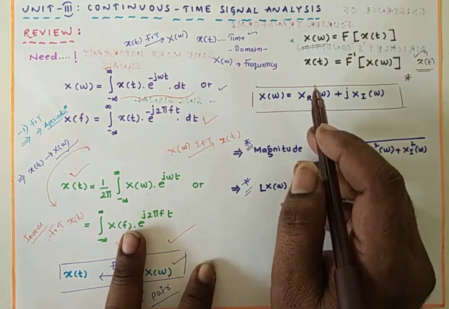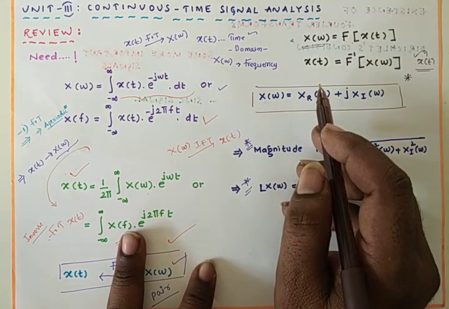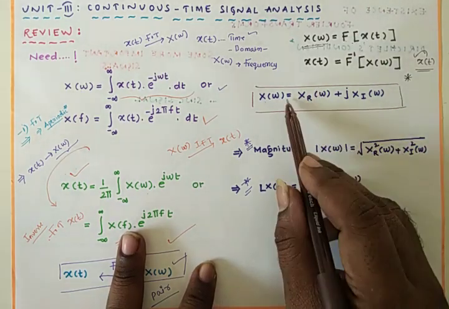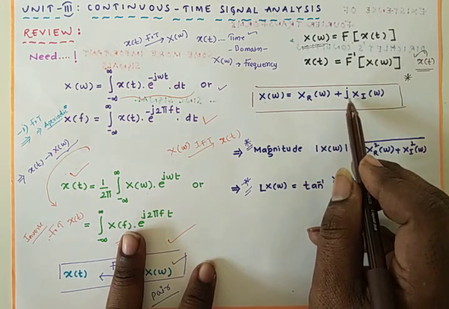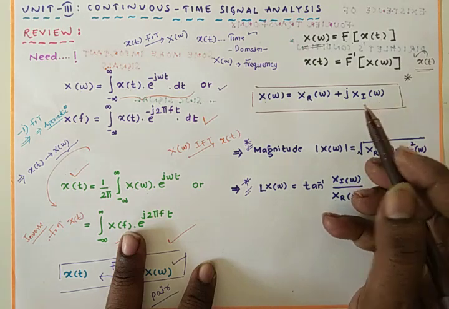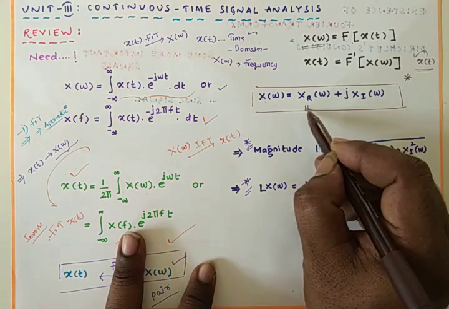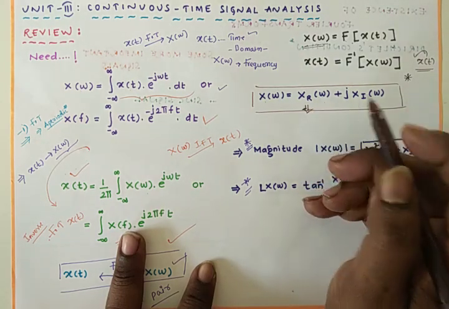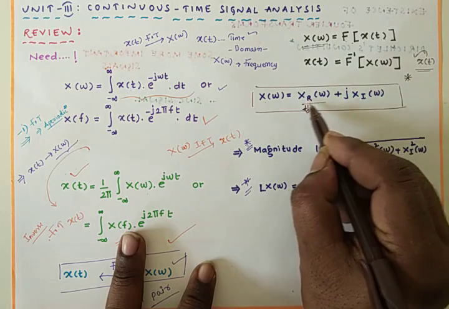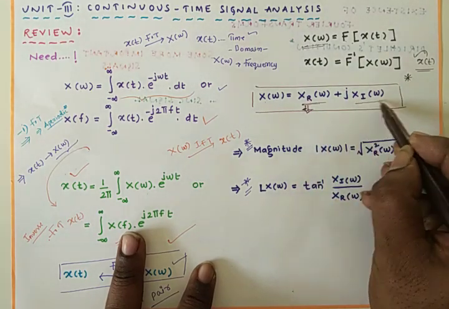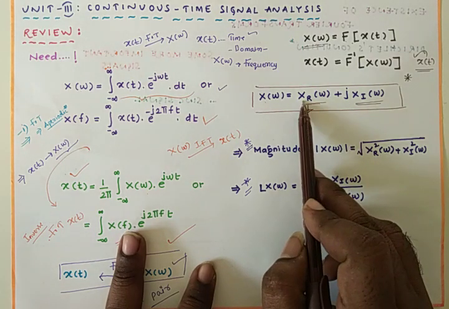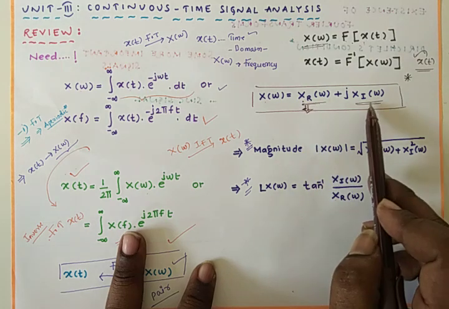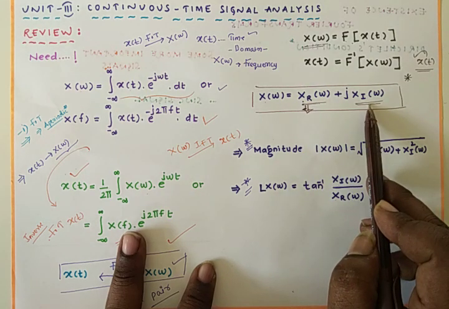X of omega is a complex valued function of omega, therefore x of omega is equal to xr of omega plus j into xi of omega, where xr of omega is the real part of x of omega and xi of omega is the imaginary part of x of omega.